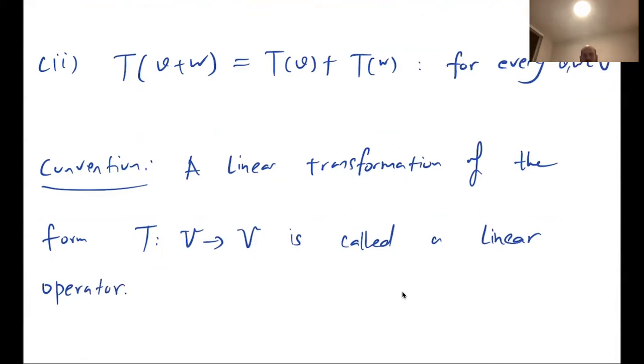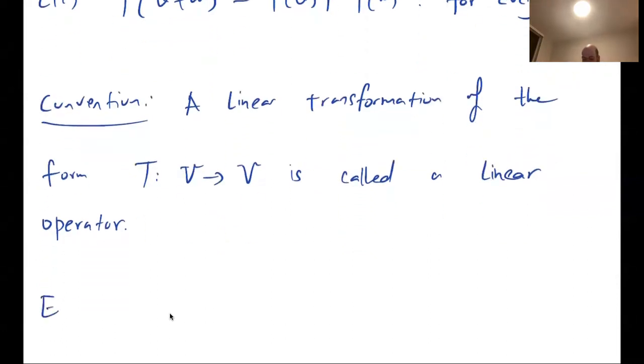So linear operator is a special case of linear transformation where both V and W are the same vector space. So instead of V to W, here we have V to V. In that case, we still, of course, have a linear transformation, but it's also called a linear operator.